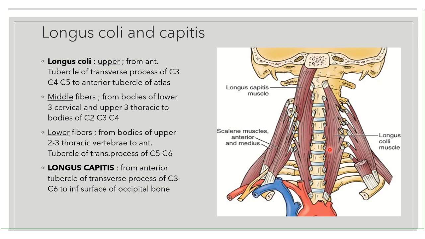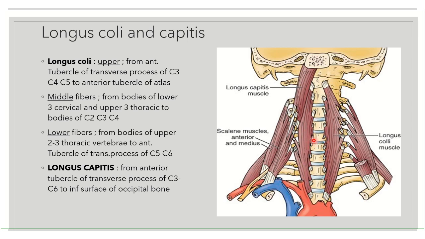Then we have the inferior oblique part of the muscle. This is the inferior oblique part of the longus colli muscle. It gets its origin from the bodies of upper 2 or upper 3 thoracic vertebra, and it gets inserted onto the anterior tubercle of transverse process of C5 and C6 cervical vertebra.